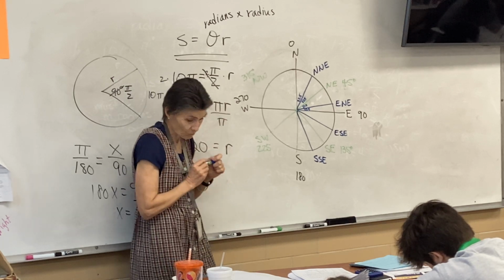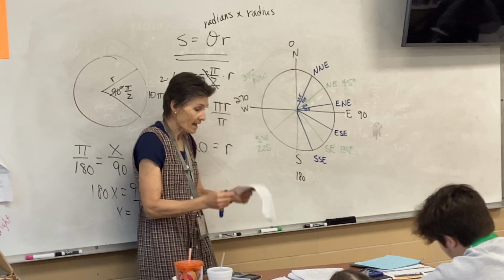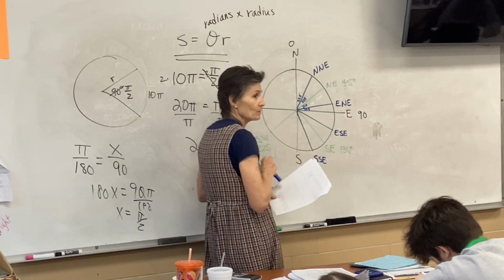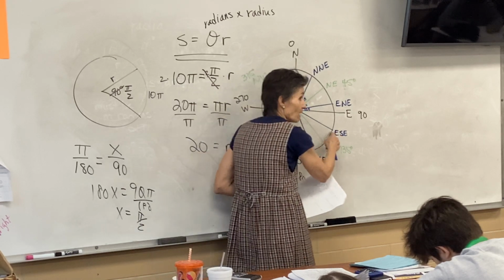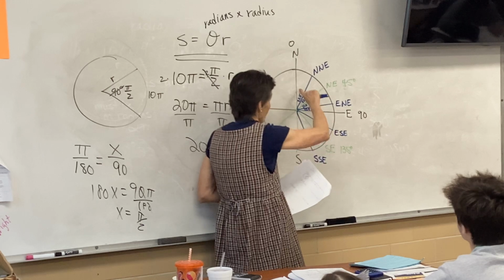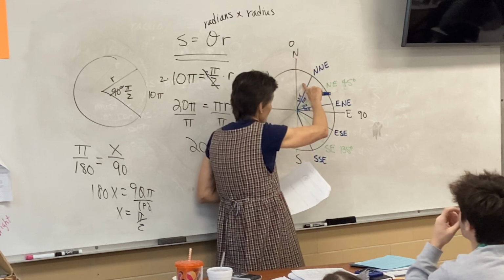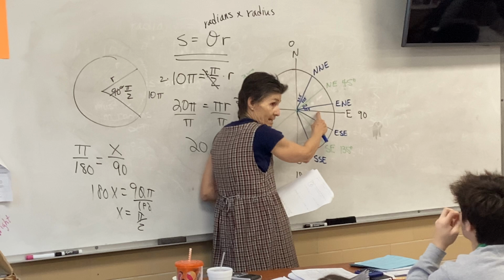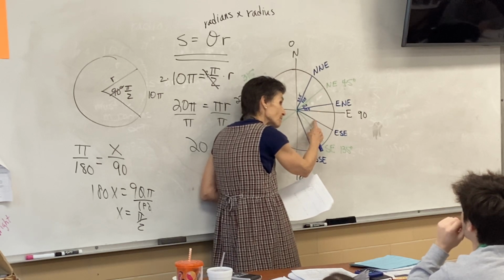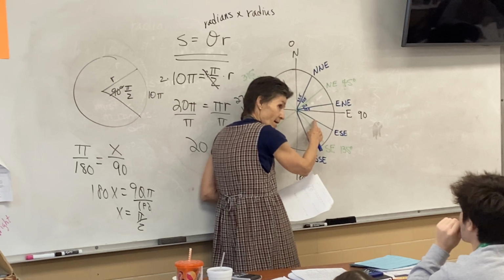All right, so let's answer the questions. Find the angle measure that describes east, southeast. So here's east, southeast. We already have that one labeled. So remember, we started here at 0. So going to east would be 90. And then how much extra are we going? 22 and a half.